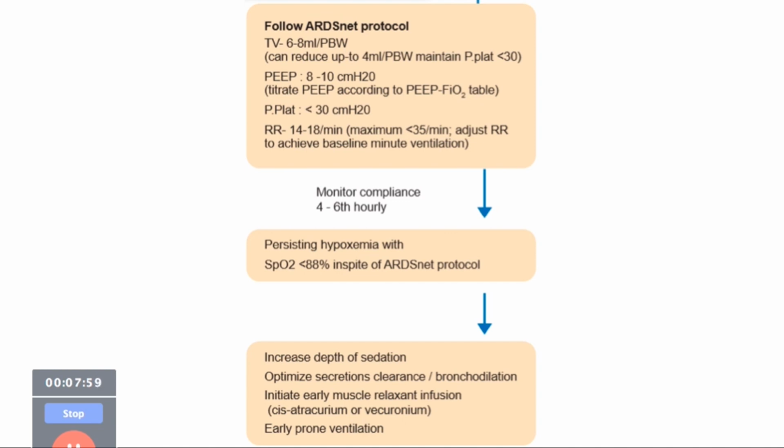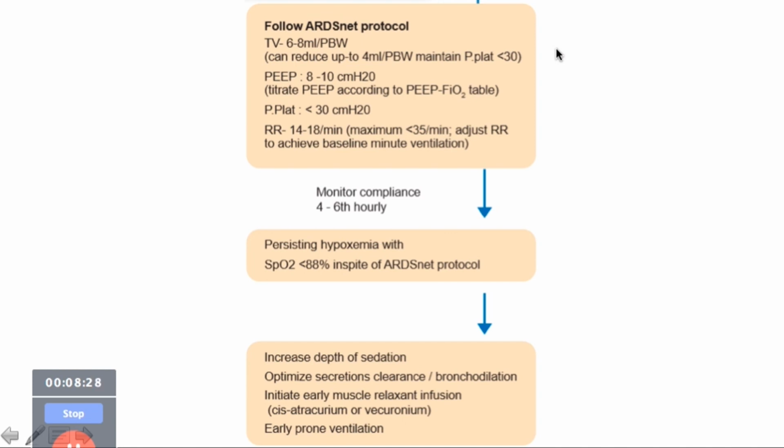Our whole intent in going down on the tidal volume is to keep the plateau pressure less than 30. Once we go down on tidal volume, CO2 builds up, so to compensate we need to increase the respiratory rate. We could increase the respiratory rate up to 35 as you keep coming down on tidal volume, and you have to keep optimizing the PEEP as per the PEEP table.